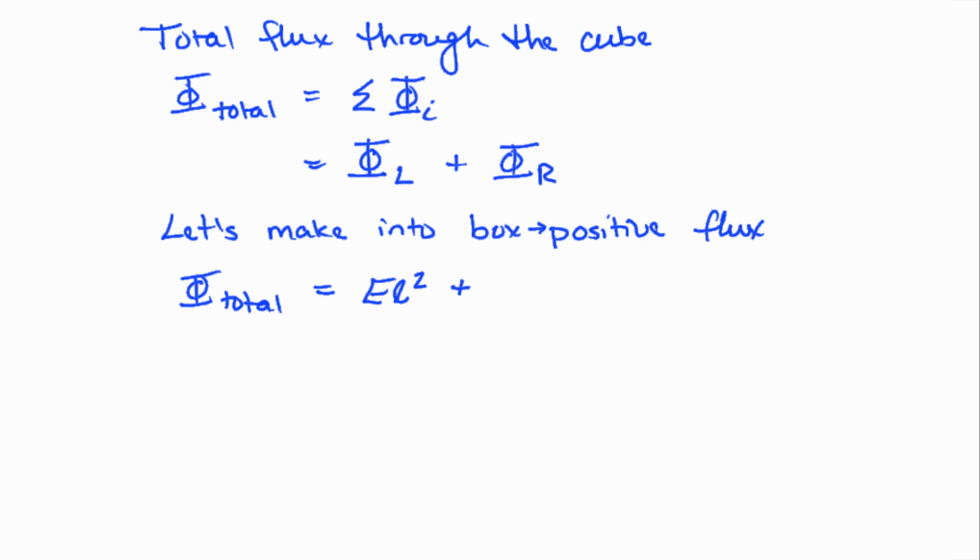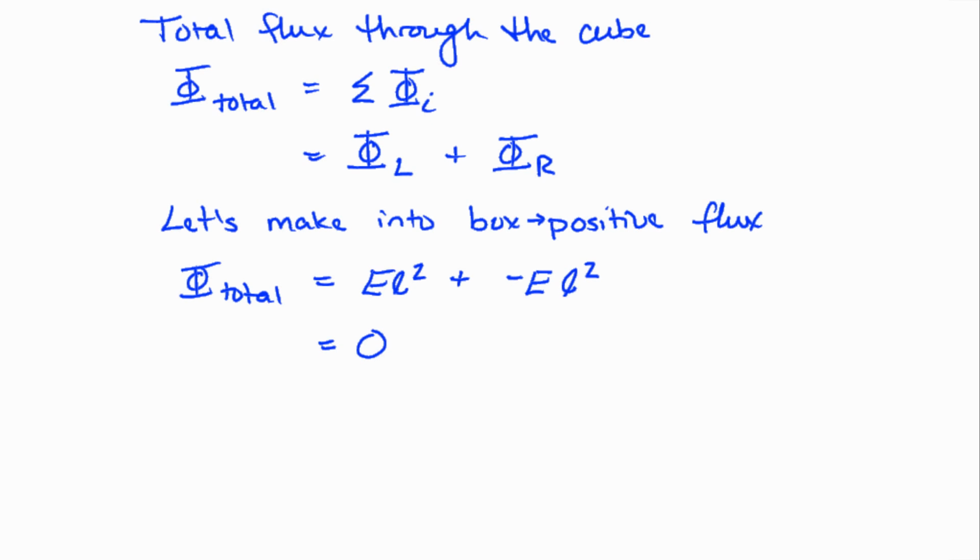So that's going to be negative E L squared. You'll see that these two cancel, and we end up with 0. So, for a uniform electric field, a closed surface, and no charges inside, which at this point we don't have any separate charges, we know that the electric flux is 0.